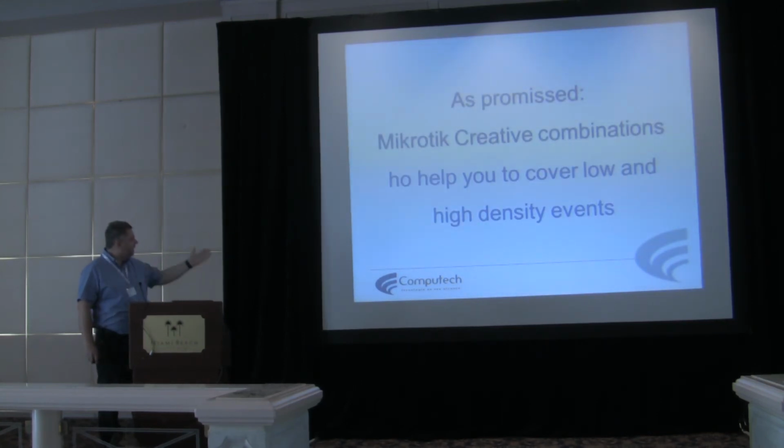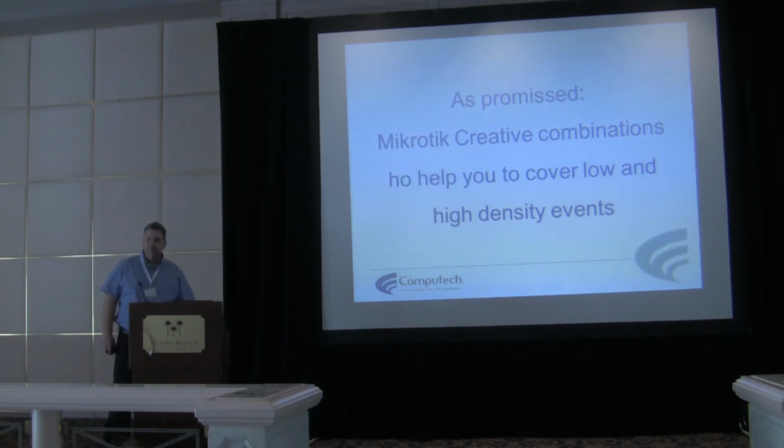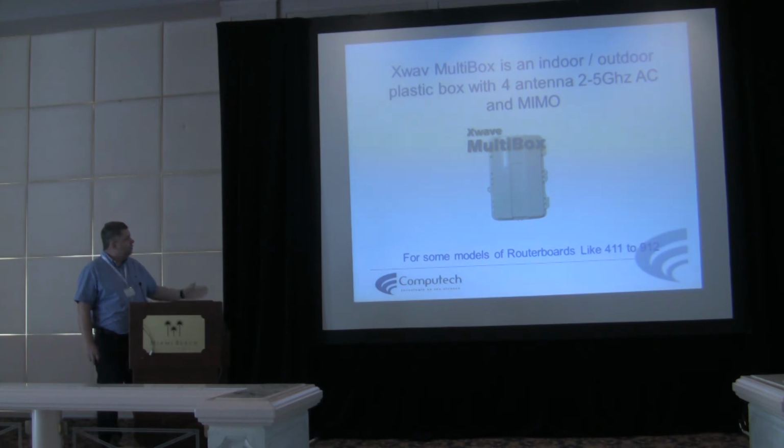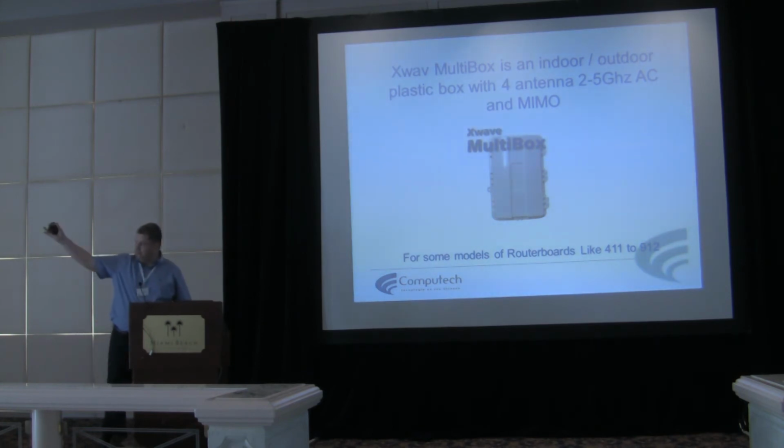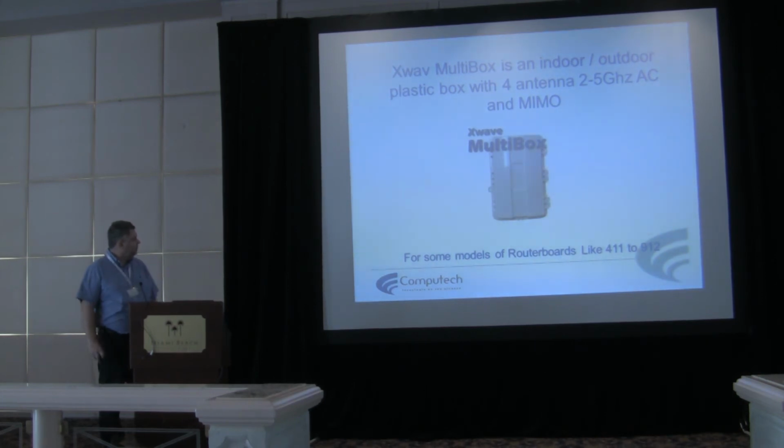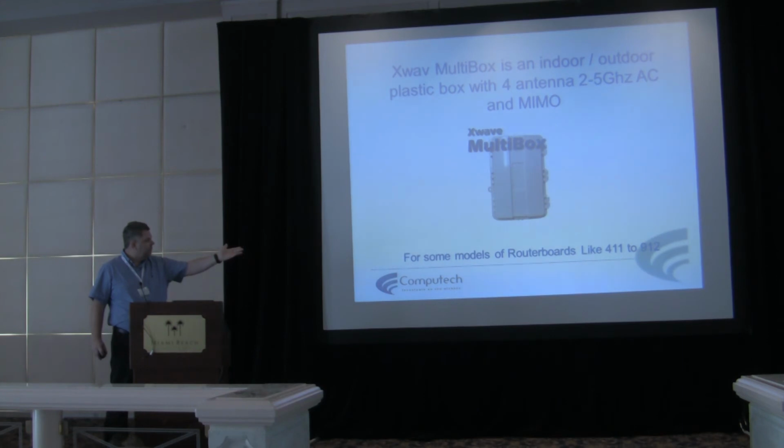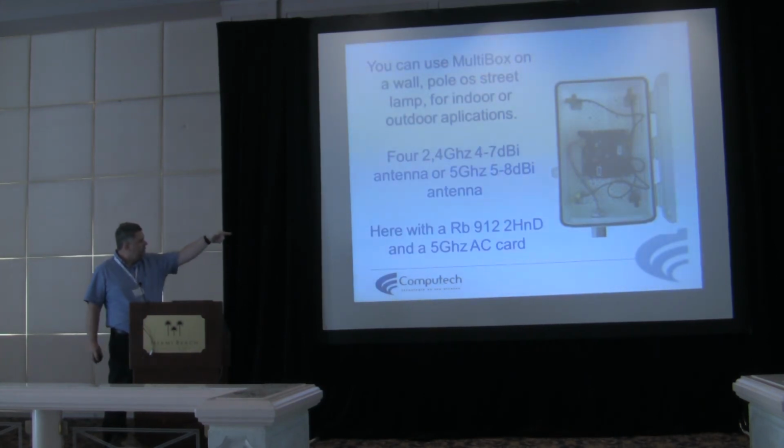As I promised, I'll show you, and you can check in the exhibition hall, some Mikrotik creative combinations to help you cover events like this. For the club, for the pool area, we have a box. You can put all the router boards inside.